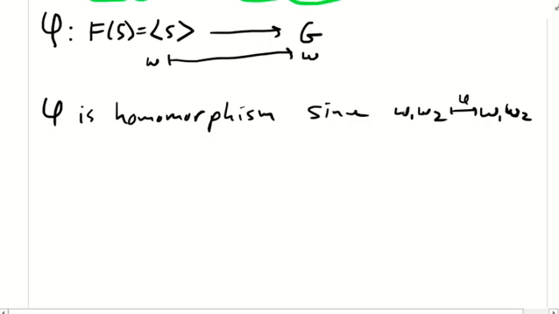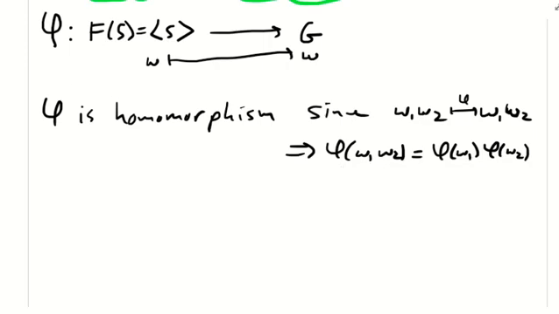This is still going to be phi of W1, phi of W2. So this means that phi of W1, W2 is indeed what you get when you juxtapose or multiply in G the images of those same words. Okay, so it's definitely a homomorphism.